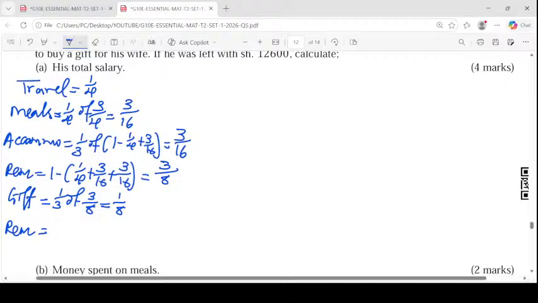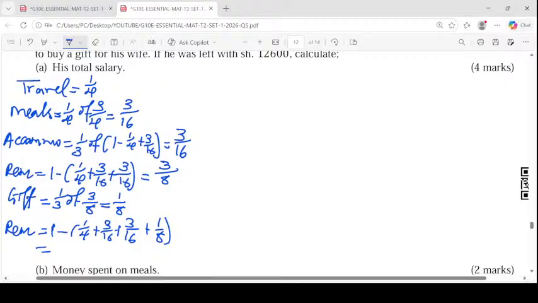Will it be 2 over 8? Let me see. The remainder will be 1 minus a quarter plus 3 over 16 plus 3 over 16 plus 1 over 8, which gives you, when you take a quarter plus 3 over 16 plus 3 over 16 plus 1 over 8, then 1 minus that, you get a quarter.